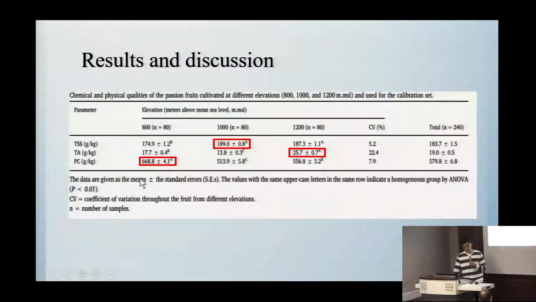That means it is the juiciest. And we can see this is the coefficient of variation. So we know that the sourness is influenced by the climate a lot.